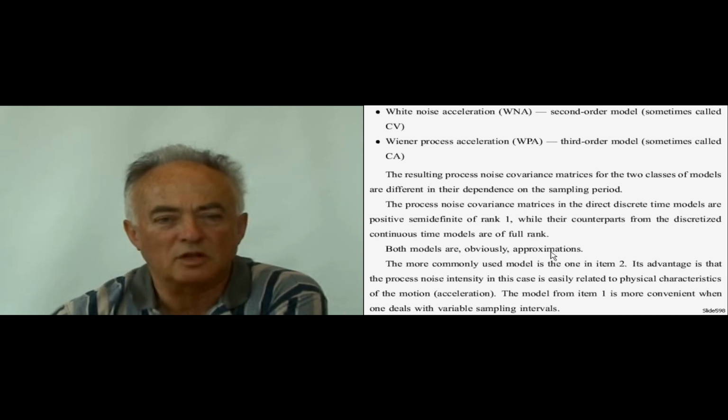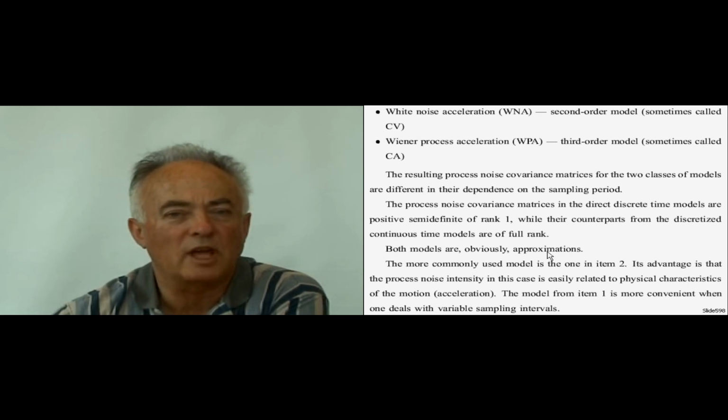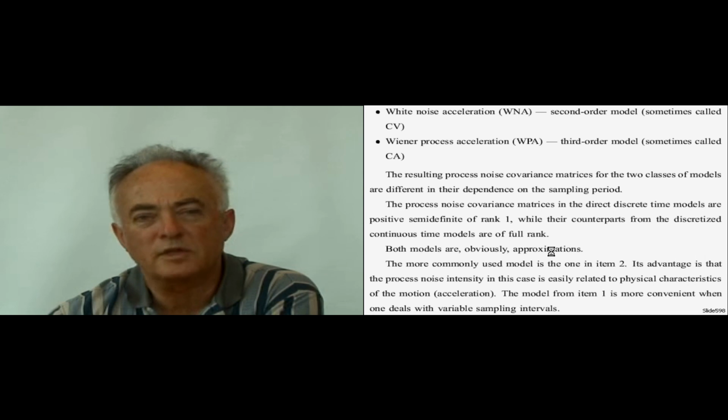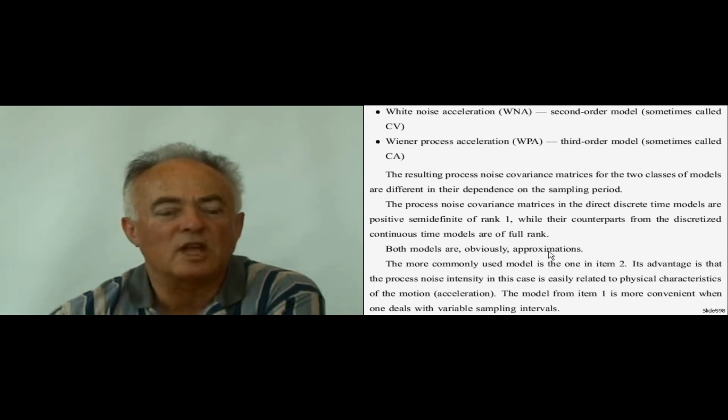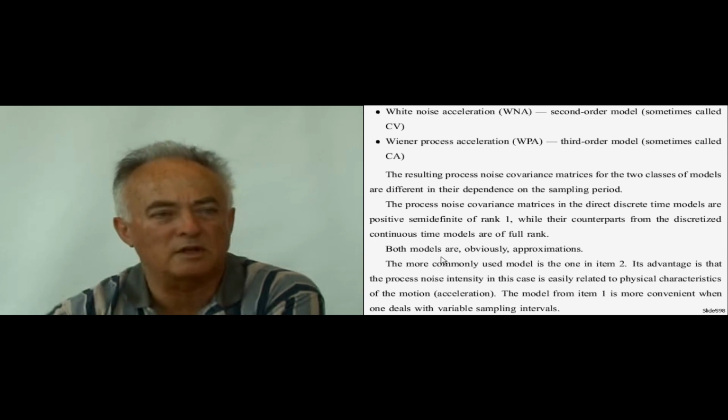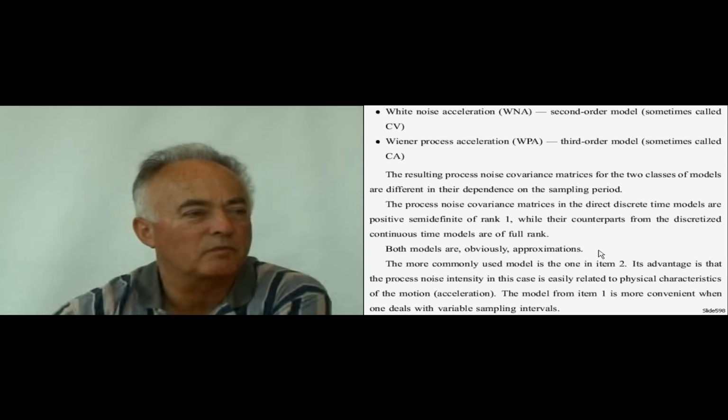So the steady state solution of the Riccati equations are positive definite and unique, which is important in what we are going to see later because both these models lead to slightly different but fairly similar steady state explicit filters, which are known as the alpha beta and alpha beta gamma filters.